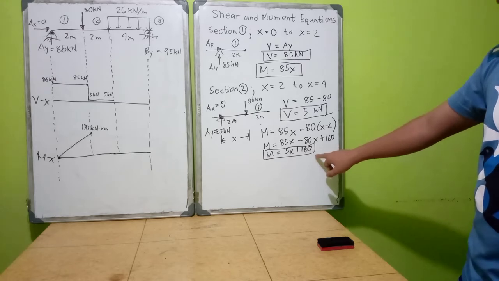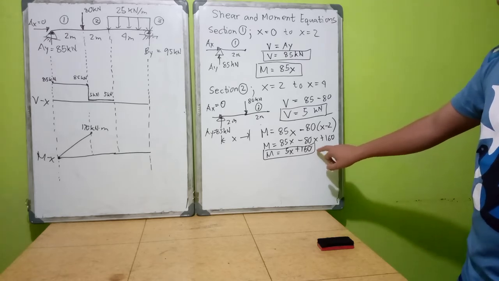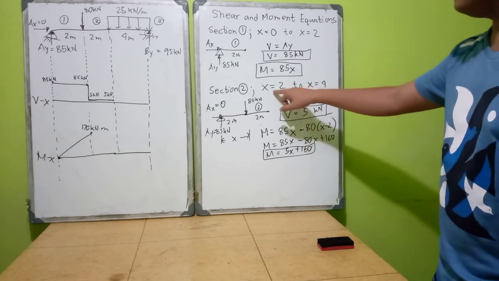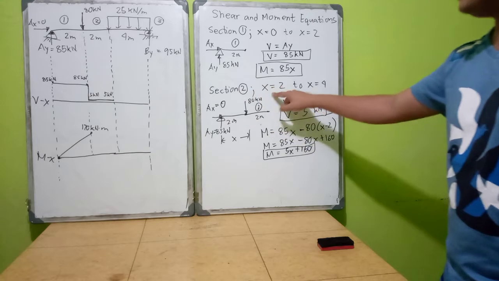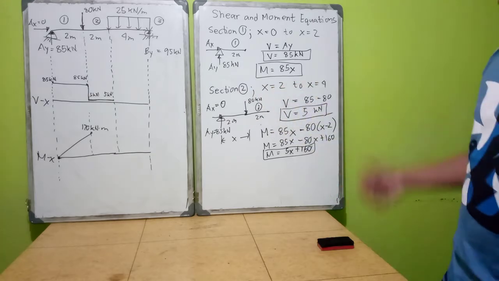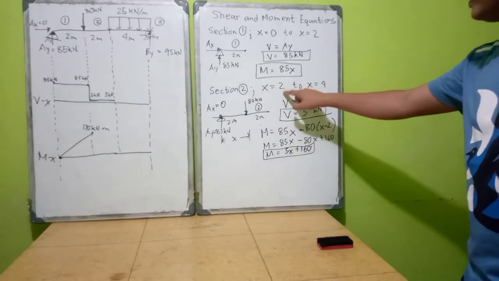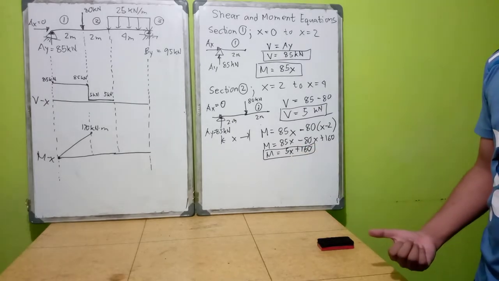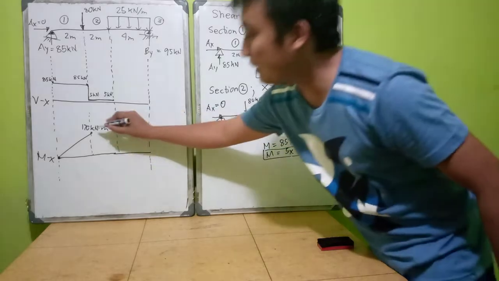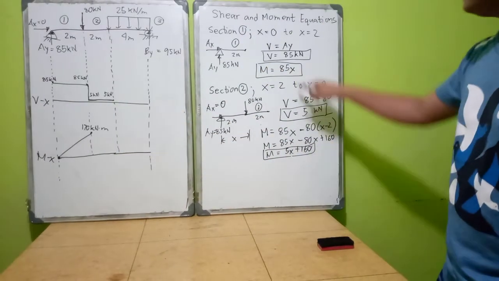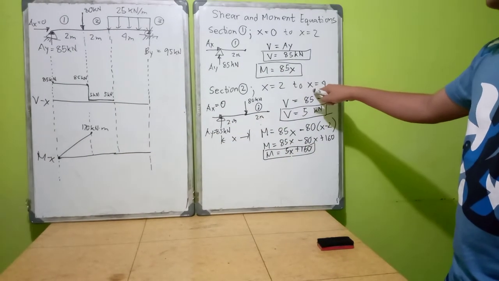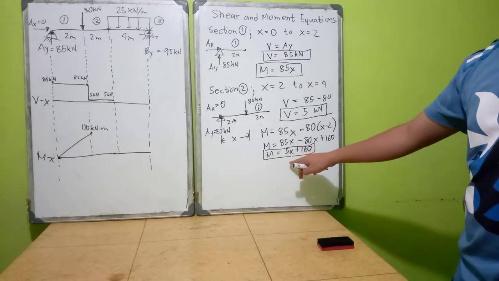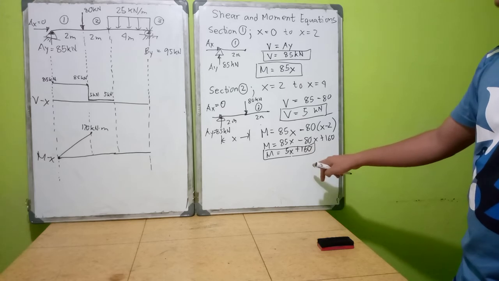So this is your simplified moment formula for section 2, which is from x equals 2 to x equals 4. Let us check. If x is equal to 2, 5 times 2 plus 160 will be 170. But if your x is equal to 4, which is the end point, 5 times 4 is 20 plus 160.